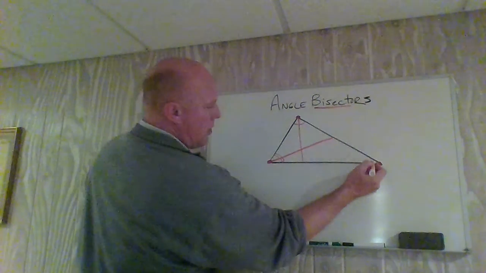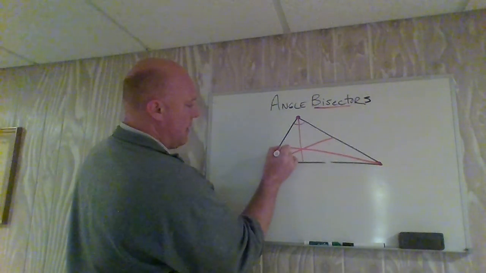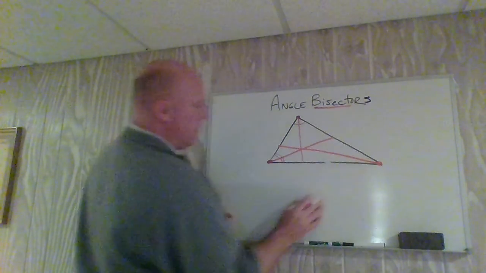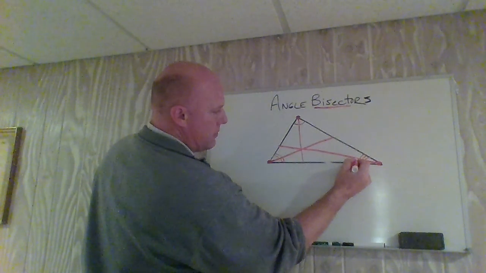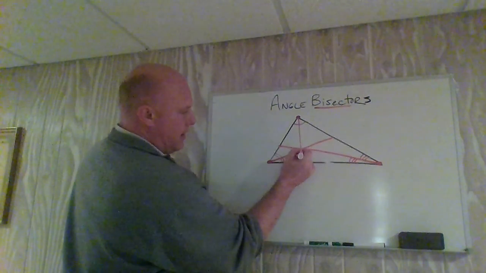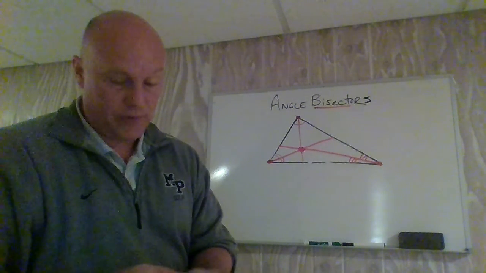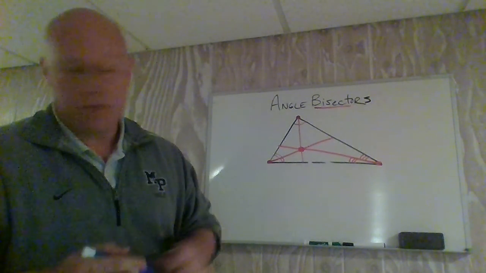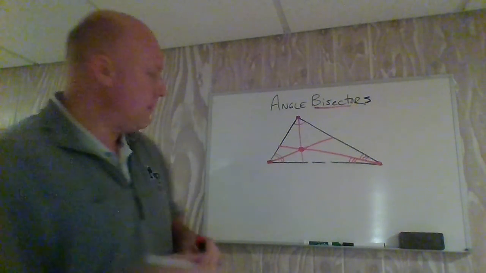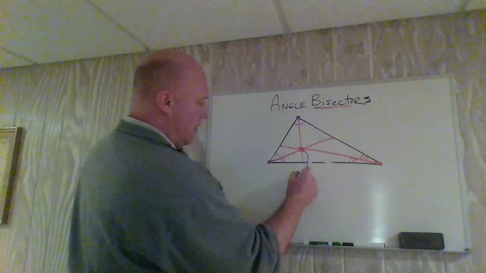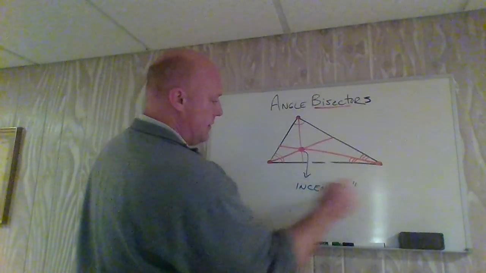And then the third one would look something like that. It doesn't matter where it ends up, but it would split that angle in half. That's a bad drawing, but it would split that little angle in half. Those 3 segments would meet at a point of concurrency, or a point of intersection, called the incenter.